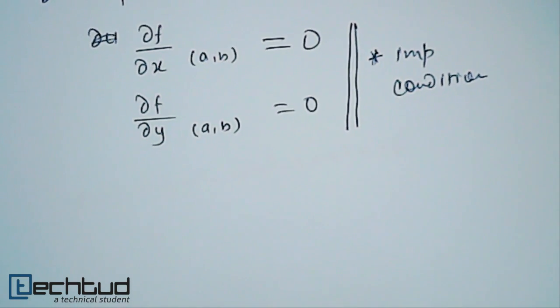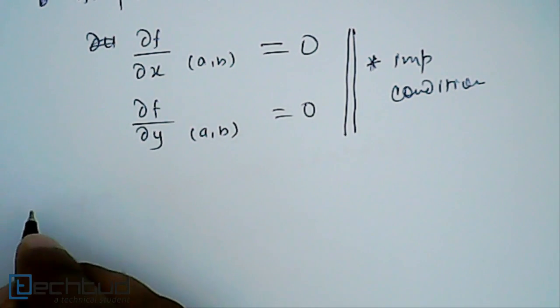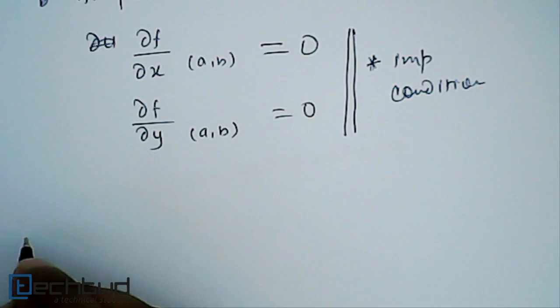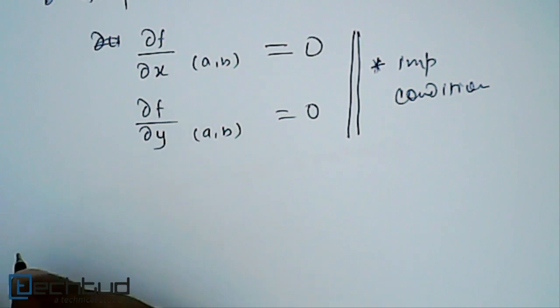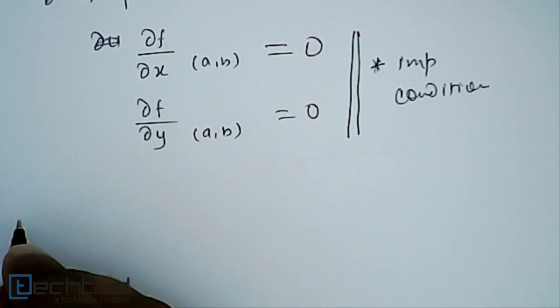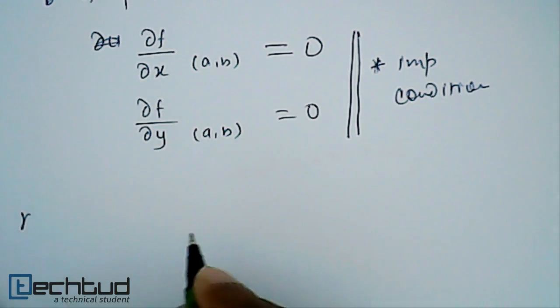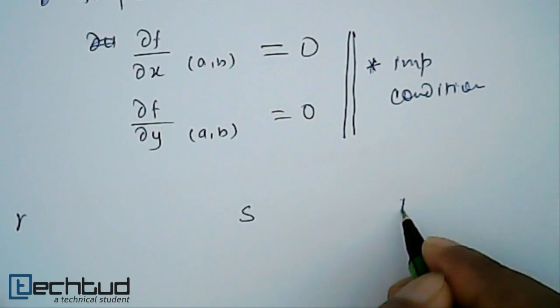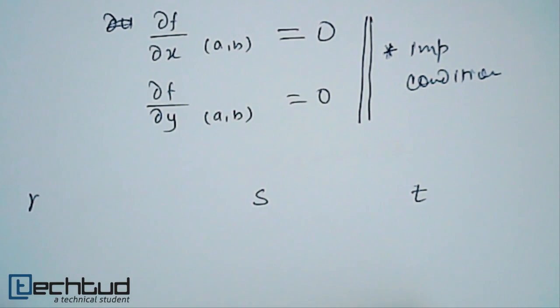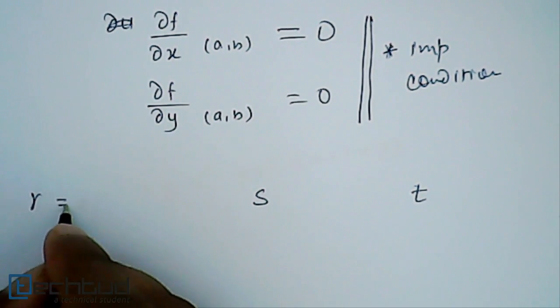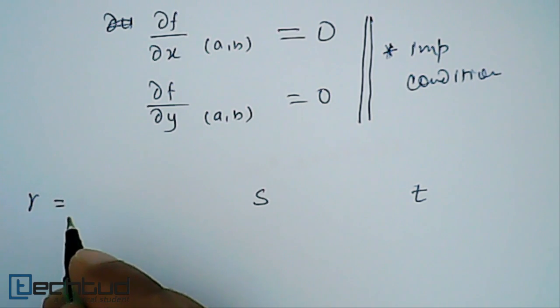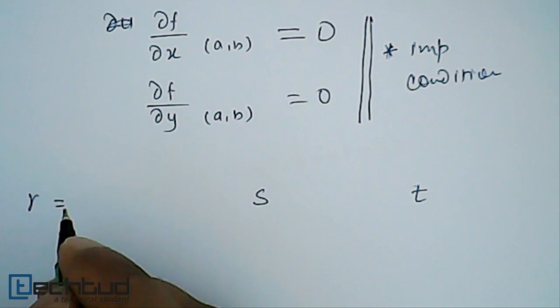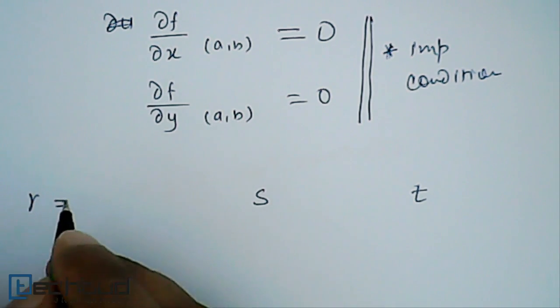Then we will go and calculate two values. So we will call it r, s and t. So what is the value of r, s and t? R will be equal to second order partial differentiation of the function with respect to x.